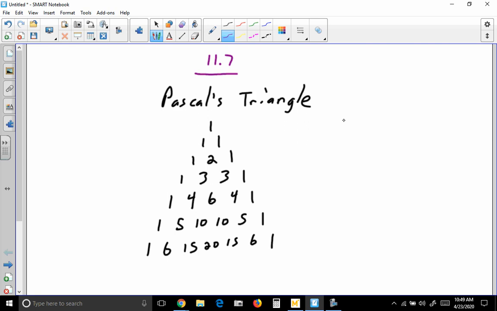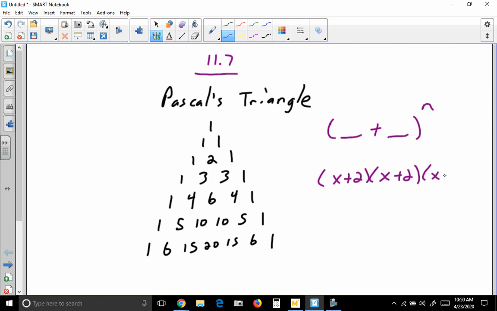So when we're doing the binomial theorem, we're looking at taking a binomial, so something plus or minus something, to a power and multiplying it out. Now, we've squared things before, and we've even looked at a shortcut to squaring things. We've cubed things before just by multiplying a binomial times itself 3 times.